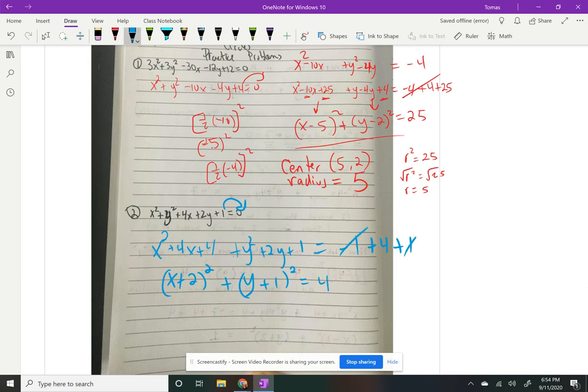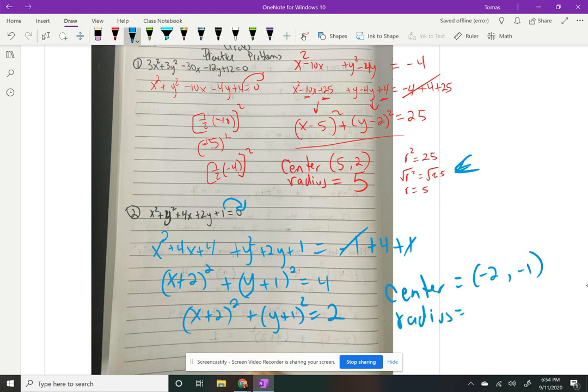But remember, we always have to take the square root. The square root of 4 is 2. So our center in this case would be negative 2, negative 1, and our radius would be 2.